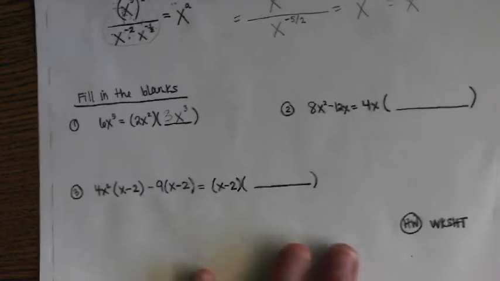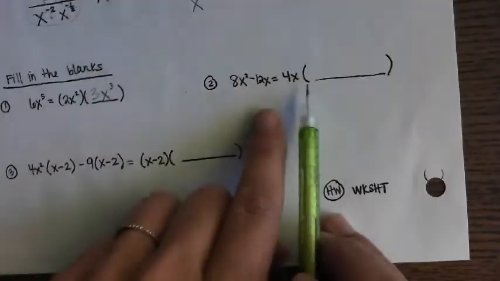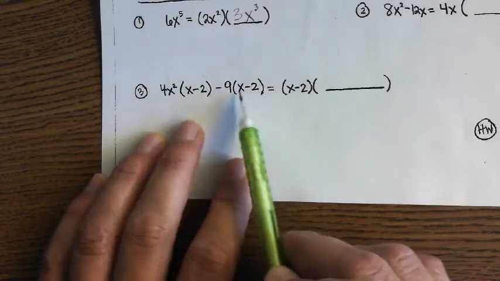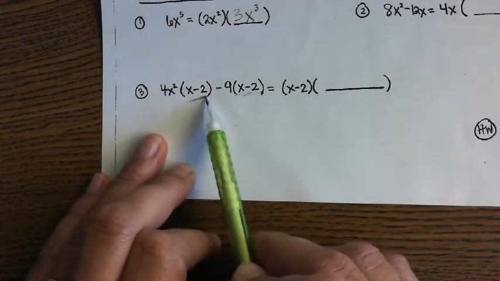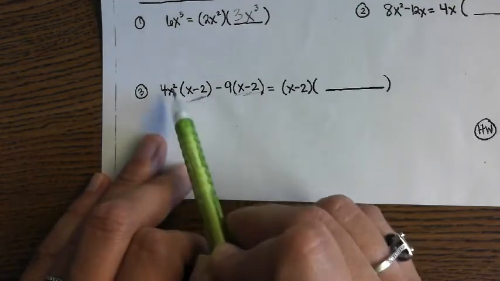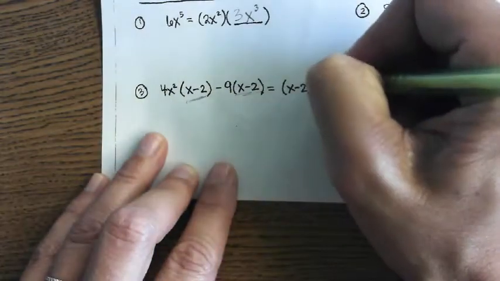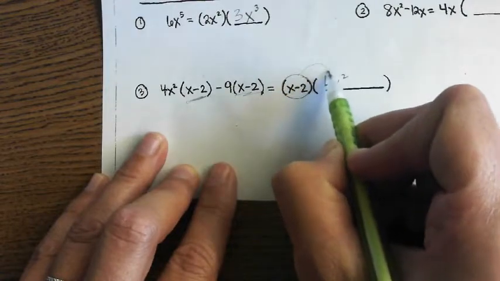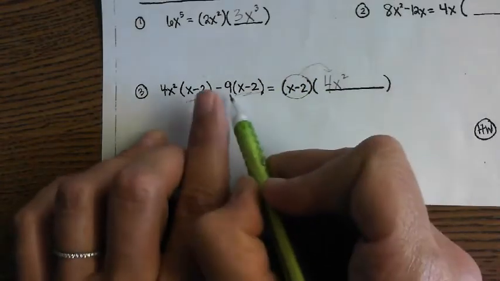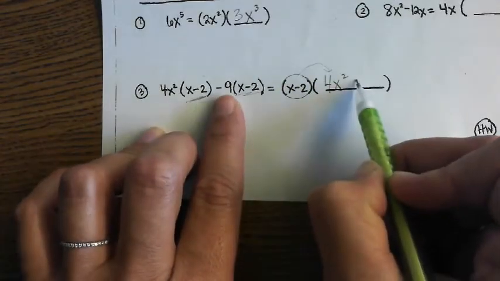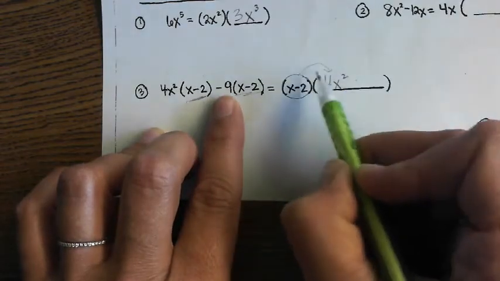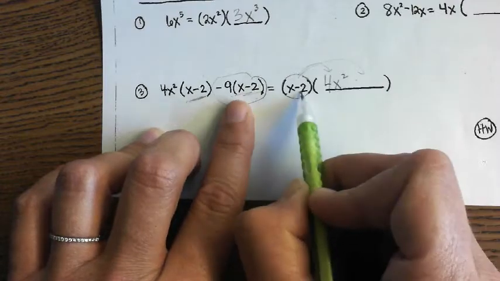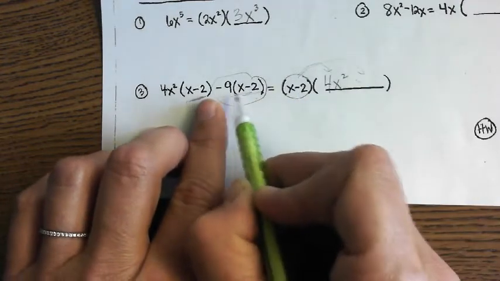Questions? We're good? And on 2, actually, let me go to 3. Do you see how both of these have an x minus 2? One of them is getting multiplied by a 4x squared. So it's almost like I'm taking that x minus 2 and I would multiply it by a 4x squared. And then I would multiply it by what to become this? X minus 2 times what would make negative 9 times x minus 2?